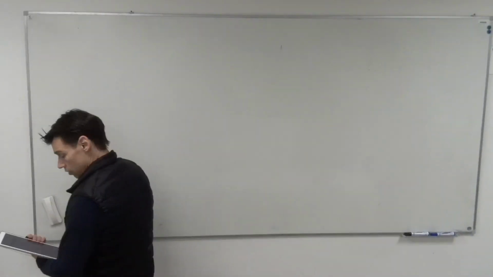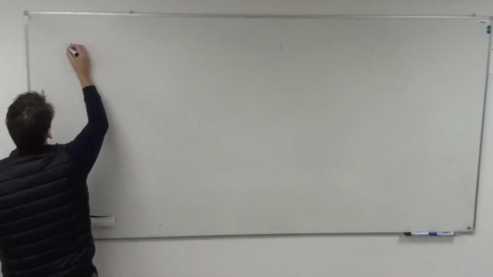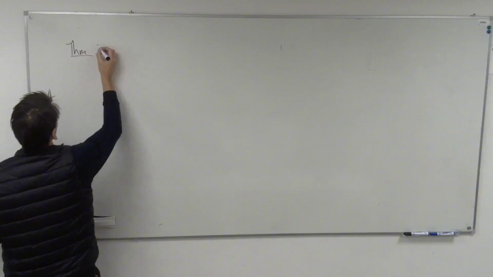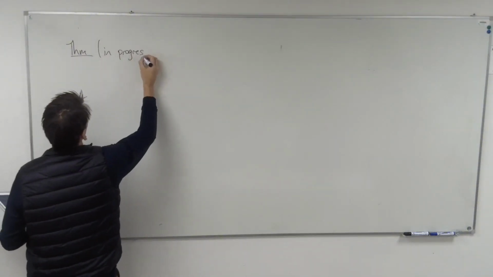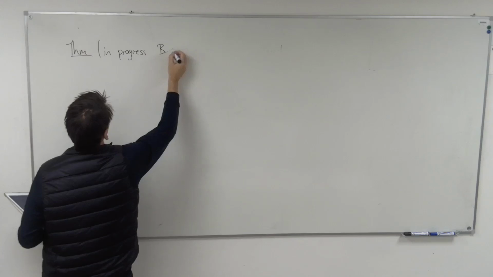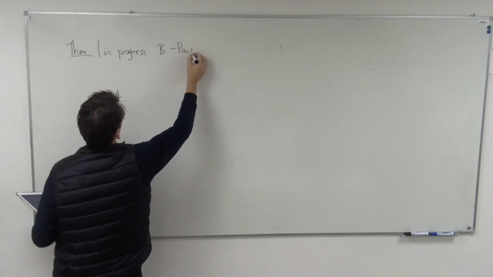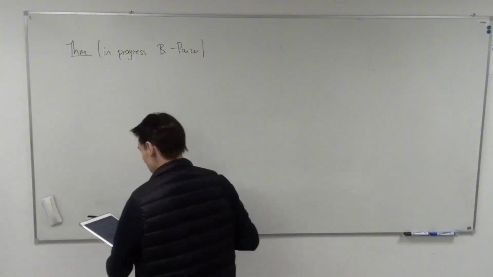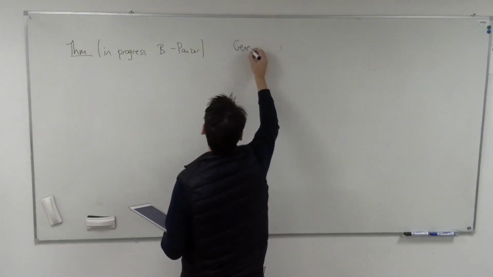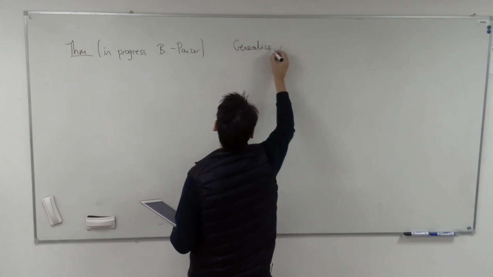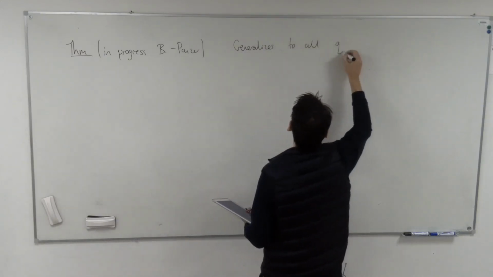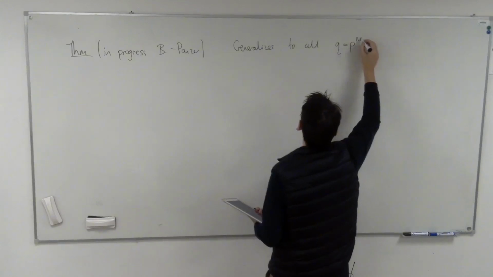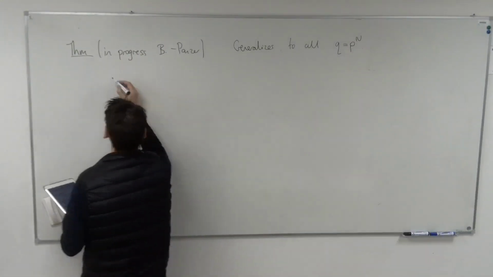And it turns out this was not known. So it's still not known because we haven't written a paper yet. But this is in progress. Maybe January. Eric Panzer, who's in Oxford, that this generalizes to all prime powers.